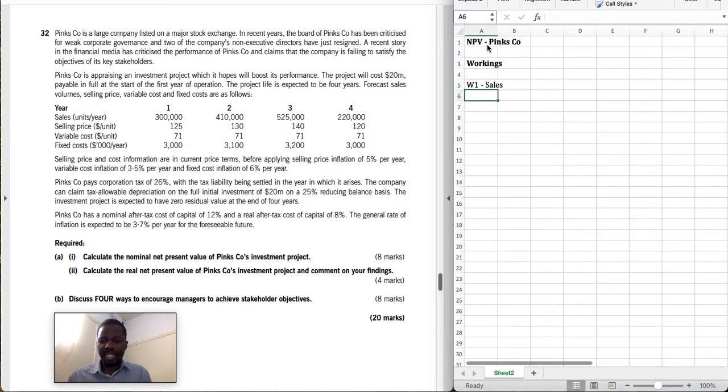Working 1 will be sales. I'll be using Excel as nowadays the examination is now computer based. So we have years 1, 2, 3, and year 4.